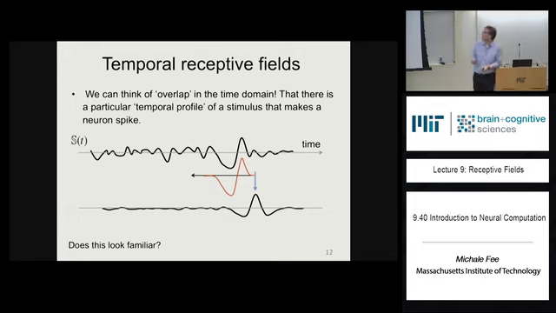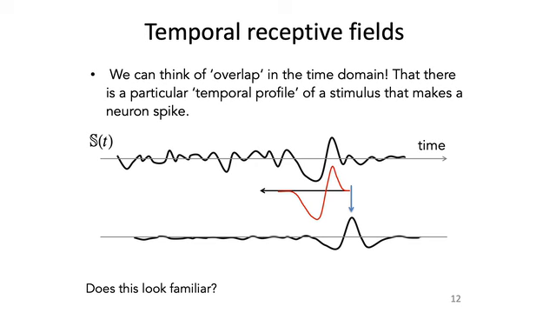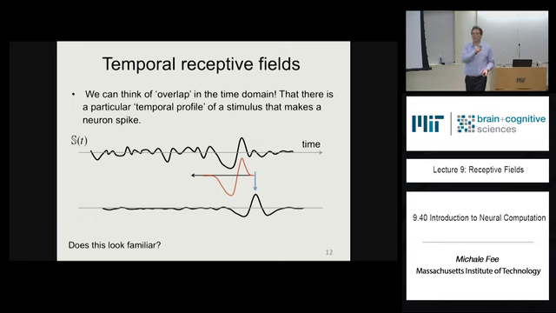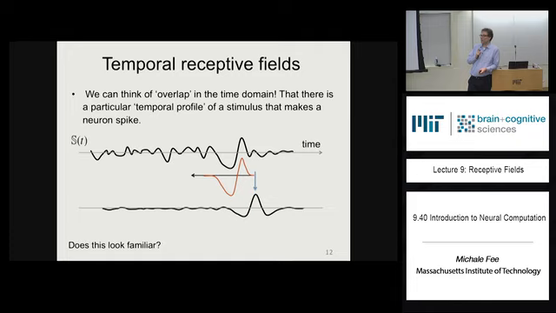But for now, what I'm trying to convey is if we knew this temporal receptive field of a neuron, then we could predict the firing rate of the neuron to a time-varying stimulus. That was a very important question. Does everyone understand that?